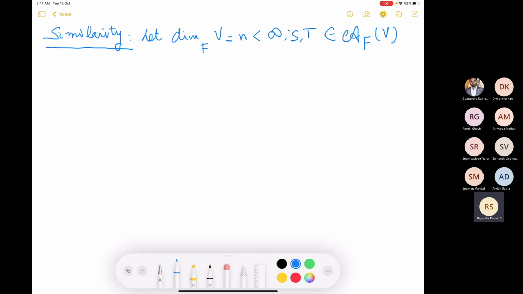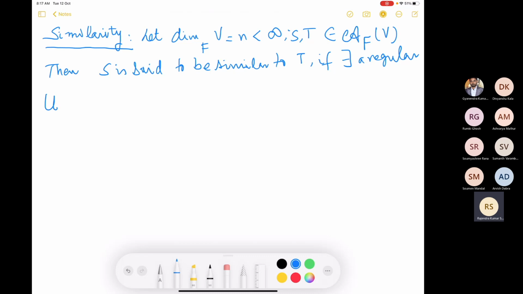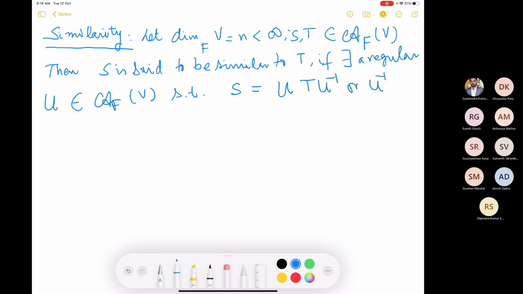Now we say that S is similar to T if there exists a regular linear transformation U in A(V,F) such that S is U T U inverse, or you can also change U by U inverse, then this is U inverse T U. Regular means U is invertible and is a linear transformation.